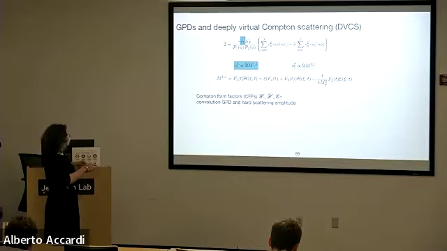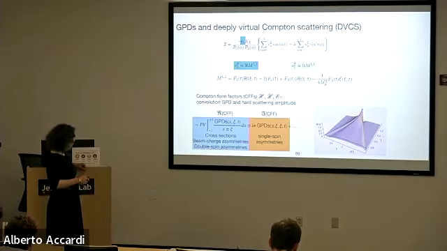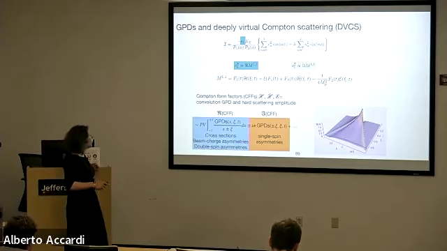If you would, for example, perform beam charge asymmetry measurements, you would get access to the real part of this amplitude. And so if you do this, you would probe your GPDs at a fixed point in psi, but integrated over X because of this convolution.